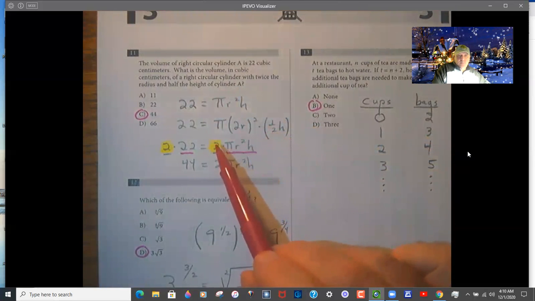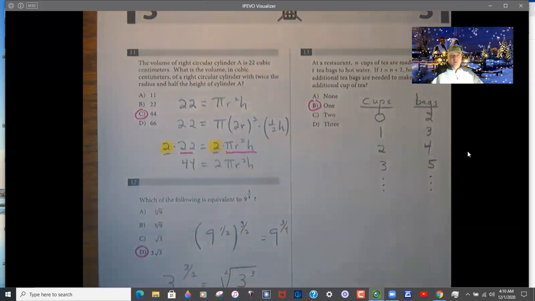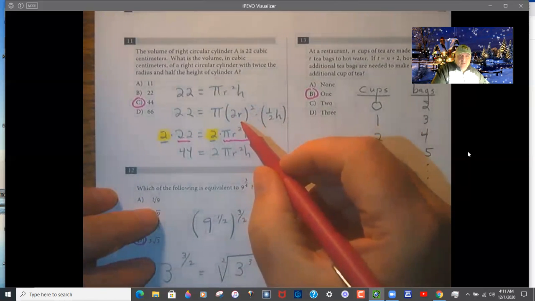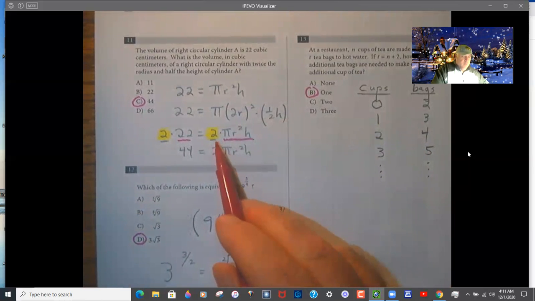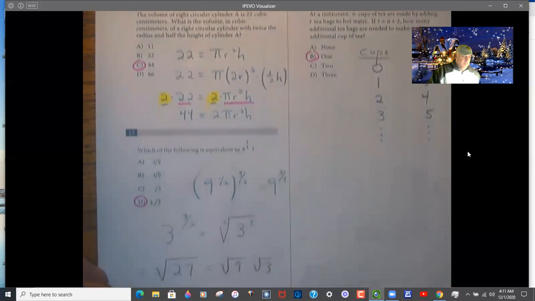So that produces this 2. So then you've got to multiply the 22 by 2 to get the 44. So a little bit of goofiness there, kind of jumping through hoops a little bit, but you have to know to substitute in the 2r and the 1/2 h, and then figure out that there's a 2 out in front, meaning that we have to apply that to the other side as well.